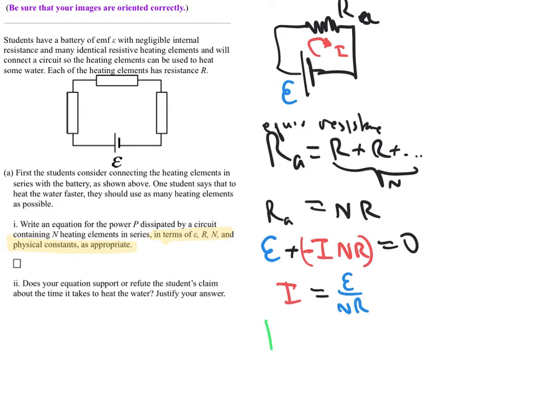We might want to just go, the power is, of course, generally V squared over R. Actually, we can do better than that, though. The power is just going to be V times I. So we're going to get the EMF times the EMF over N times R, or EMF squared over NR. That's part 1.